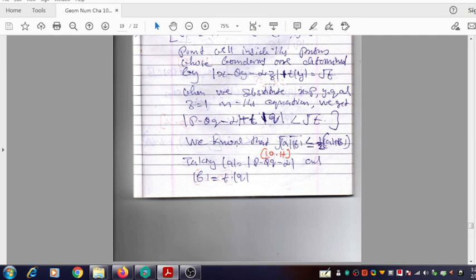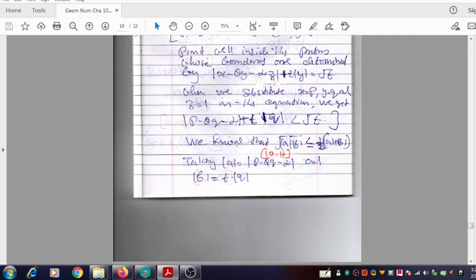This result is separately proved, it is a standard result proved somewhere else, and we accept it. Root of modulus of a into modulus of b is less than or equal to half of modulus of a plus modulus of b.